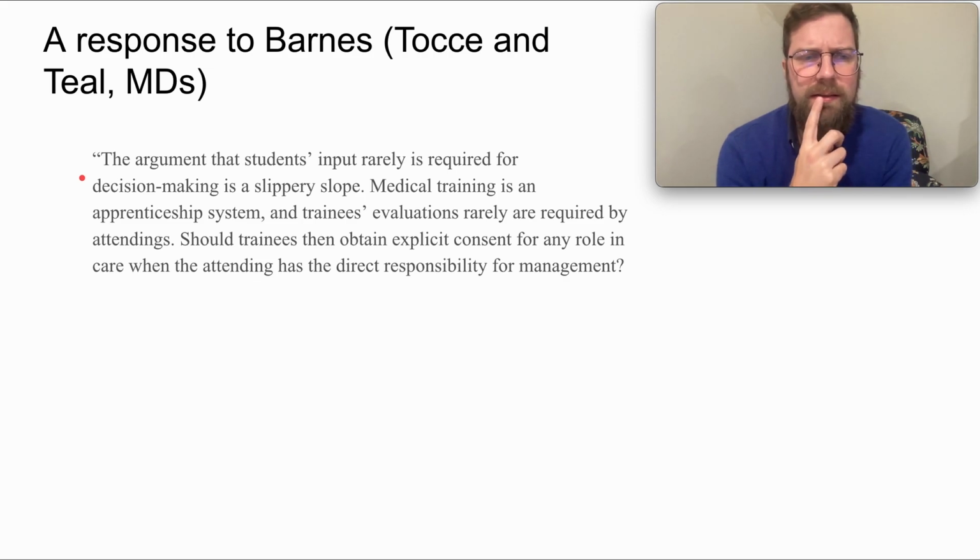They say this: the argument that students' input rarely is required for decision-making is a slippery slope. Medical training is an apprenticeship system, and trainees' evaluations rarely are required by attendings. Should trainees then obtain explicit consent for any role in care when the attendant has direct responsibility for the management?